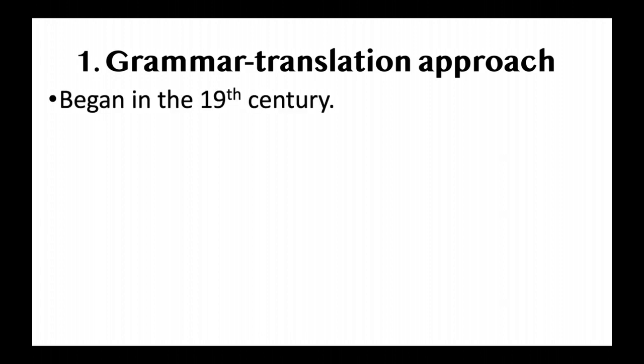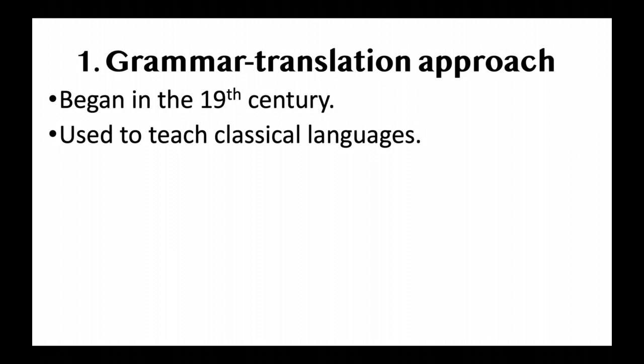So grammar translation, okay, when it comes to grammar translation, it was created in the 19th century. Yes, in the 19th century. And it was used mainly to teach classical languages. That's the main focus of it.